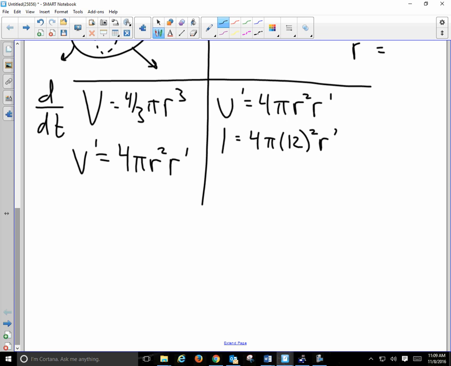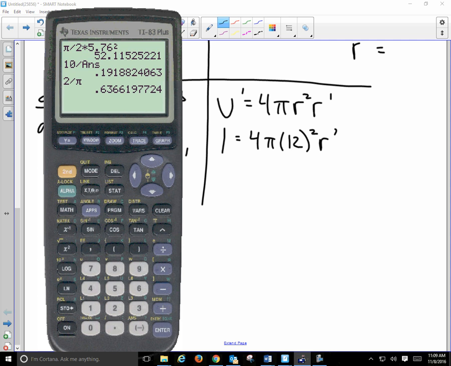We know that the current radius is 12. Four times pi times 144, 12 squared.